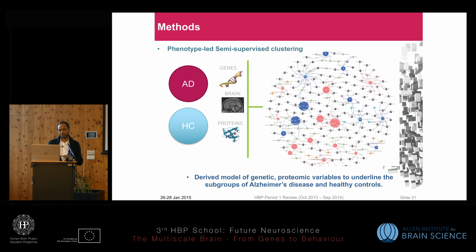So when we did this with this data, we identified more than 10 subtypes of Alzheimer's disease. The biggest one was the classical one that you find in textbooks: atrophy in the hippocampus, problem of memory. But you also find different subtypes that don't fit in this description. And more interestingly, we also found more than 10 subtypes of normals.